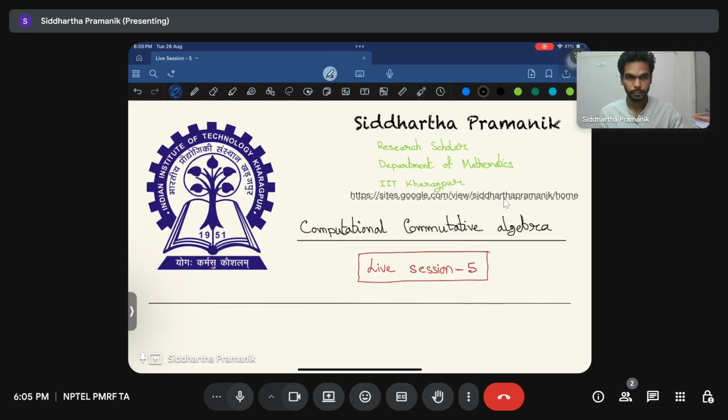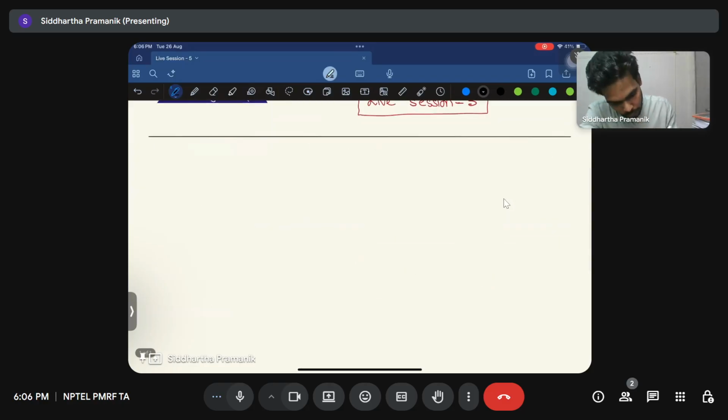So first I will list down the topics of this week 5. So let's start with the keywords. In this week we started by defining the prime and irreducible ideals.